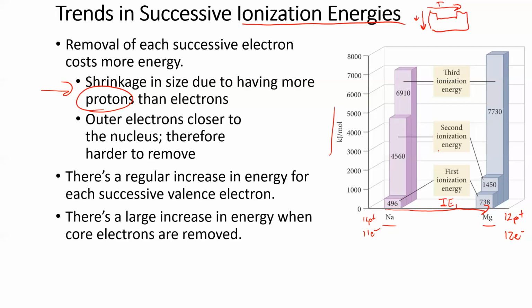When we go to the second ionization energy, there's a big jump in sodium. So why is that? Well, if you think of sodium, if I want to make this a simple Bohr model, we have 2 electrons in the first energy level, 8 electrons in the second, and then that 11th electron, that's why it's in group 1, is in your third energy level, principal quantum number 3.